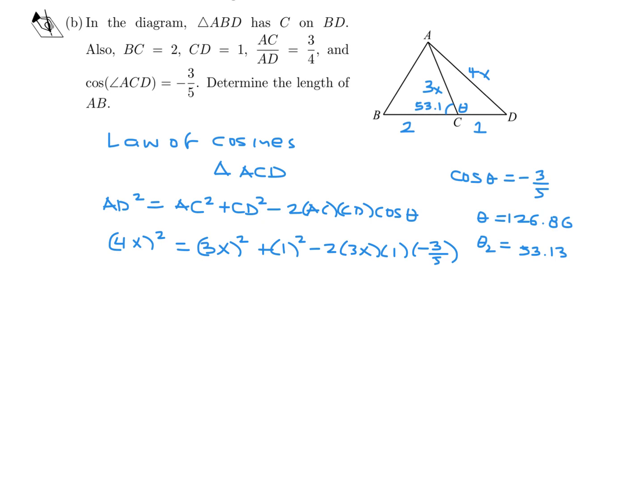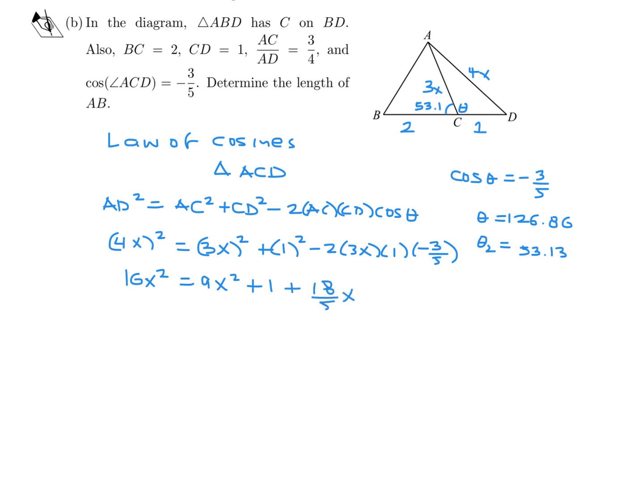Okay, great. So now let's simplify this. 16x squared equals 9x squared, plus 1, plus 18 over 5x.